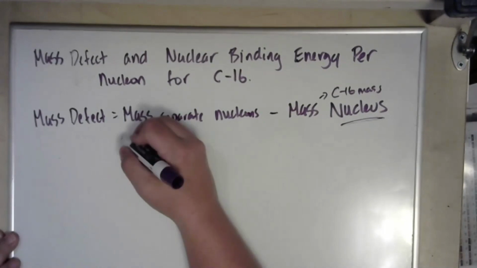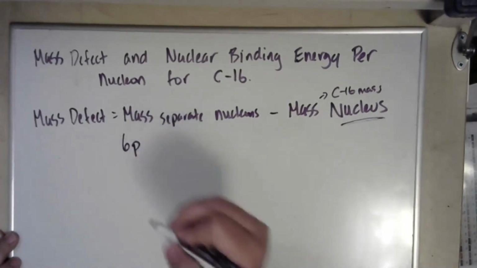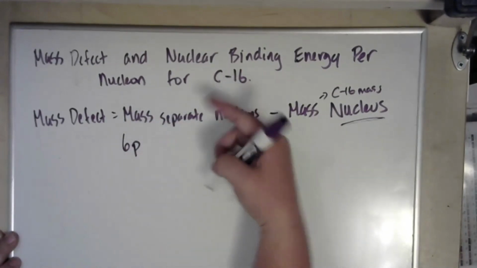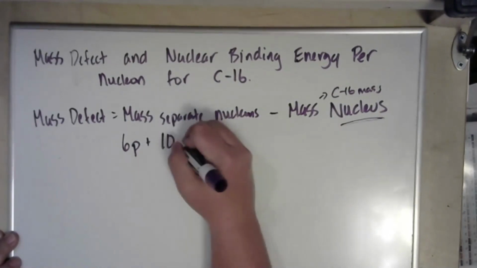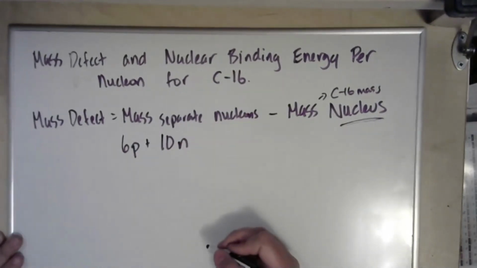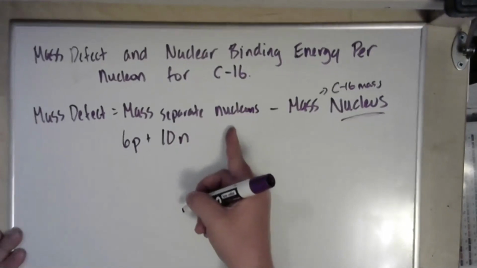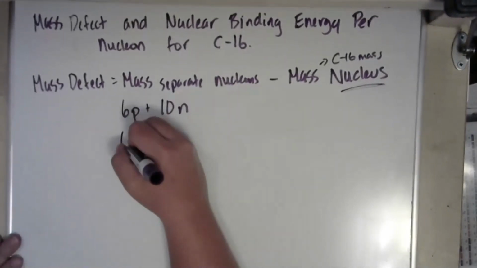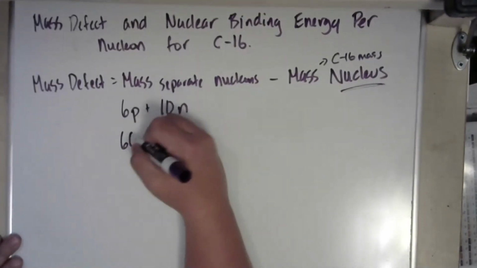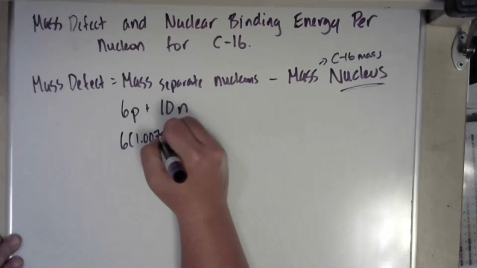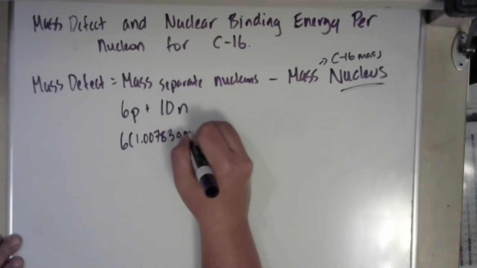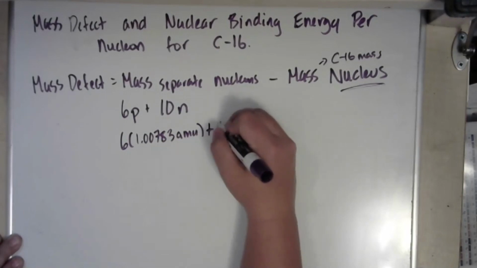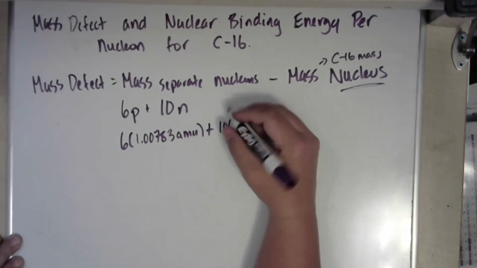We know that it's going to have 6 protons, and if the mass number is 16, it must have 10 neutrons. So the mass of the separate nucleons is going to be 6 times the mass of a proton plus 10 times the mass of a neutron.